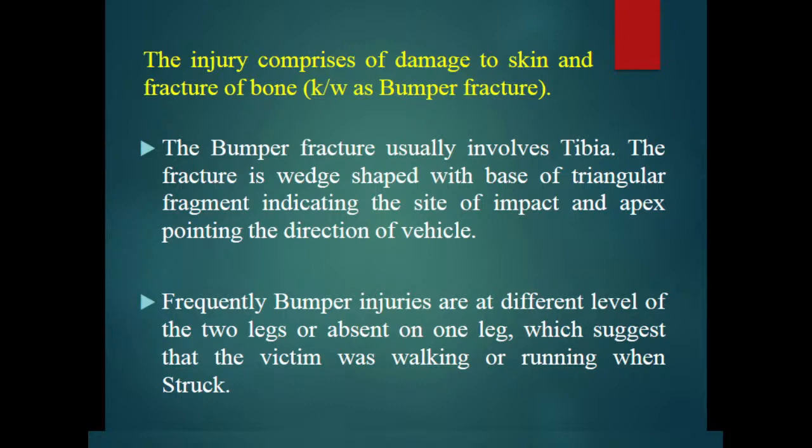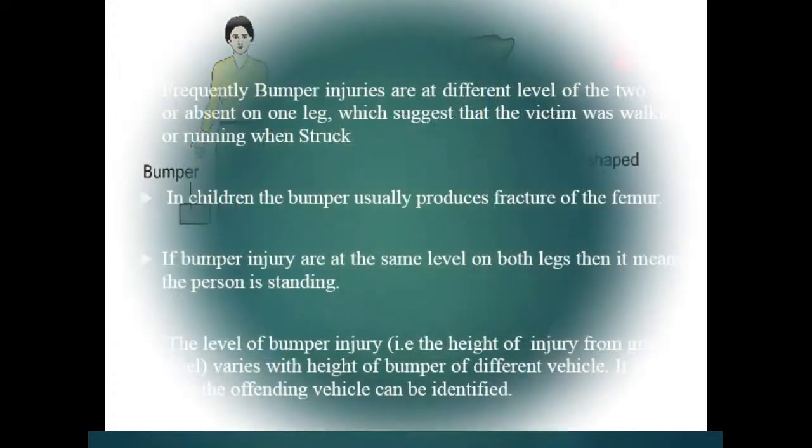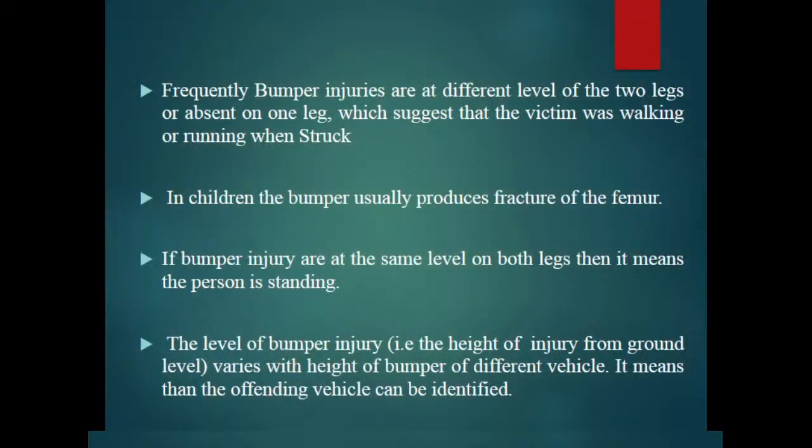This is evidence of probable movement of the pedestrian, walking, running or jumping at the moment of impact. Here on this picture, you can see the tibia with a wedge-shaped injury. The base of the wedge demonstrates the area of contact, and the apex of the wedge shows the direction of car motion.